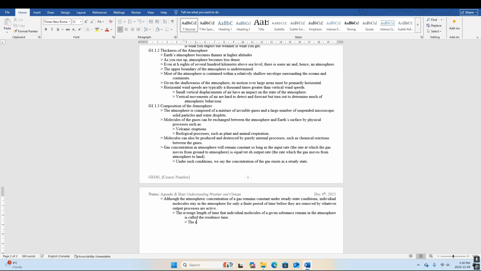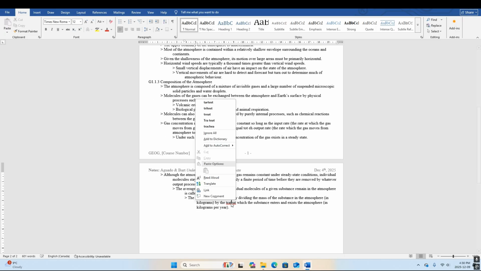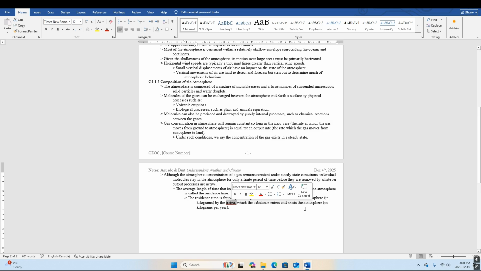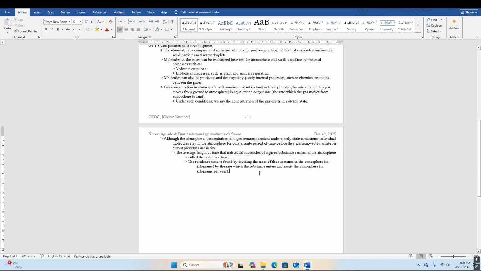The residence time is found by dividing the mass of the substance in the atmosphere, in kilograms, by the rate at which the substance enters and exits the atmosphere, in kilograms per year. Okay.